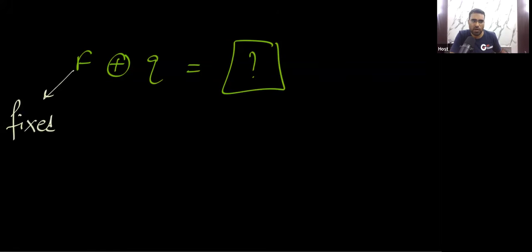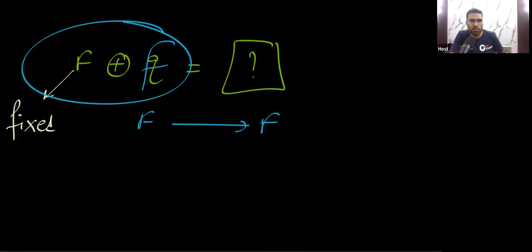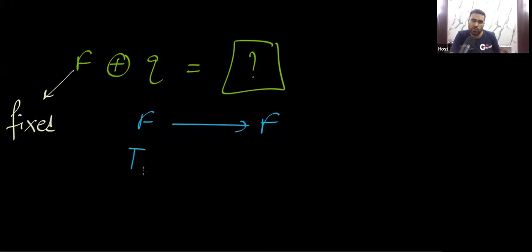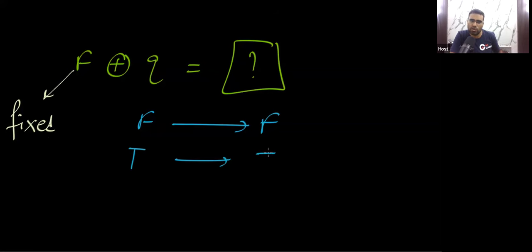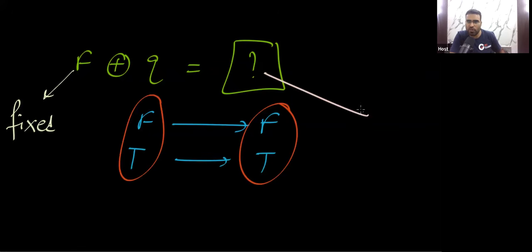If I put Q equal to false, false XOR false is false. If I put Q equal to true, false XOR true is true. So you can notice that this is Q as it is.